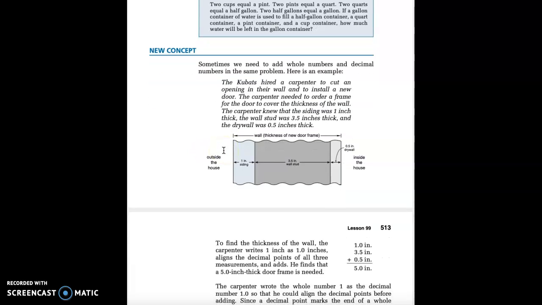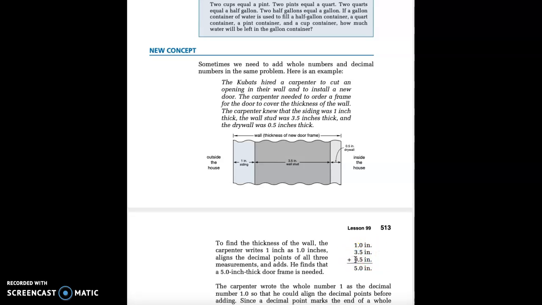So let's go ahead and find out the thickness. We know that we need to find the thickness of the wall. And down here, we have the carpenter writing 1 inch as 1.0. That 0.0 means that there are 0/10ths of an inch. It is just 1 whole inch. This next number is the wall stud. It is 3.5 inches, or 3 5/10 of an inch.